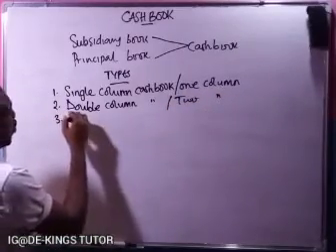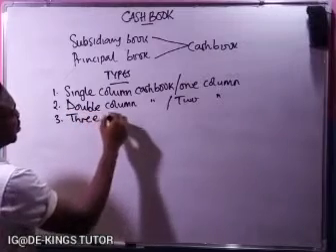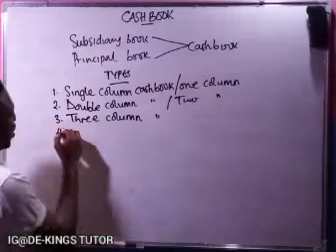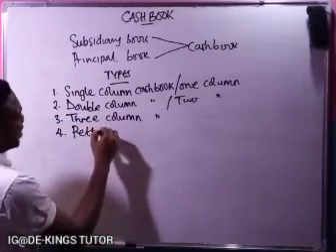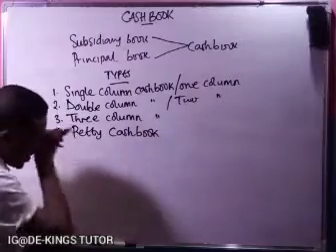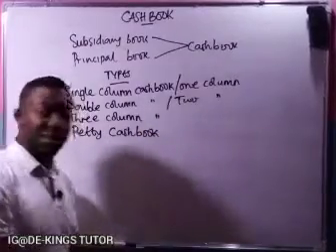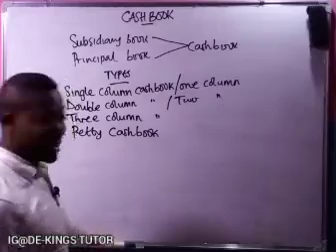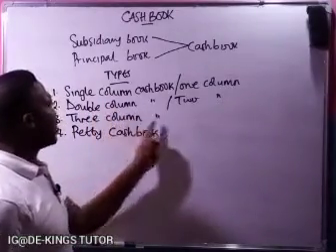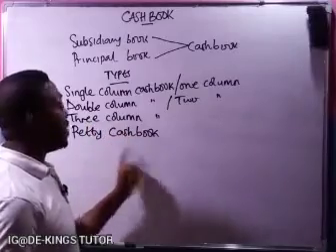We have the three column cash book, and we have the petty cash book. These are the four aspects of the cash book we're going to look at in our series: the single column cash book, the double column cash book, the three column cash book, and the petty cash book.